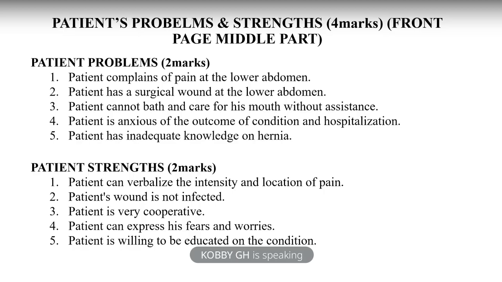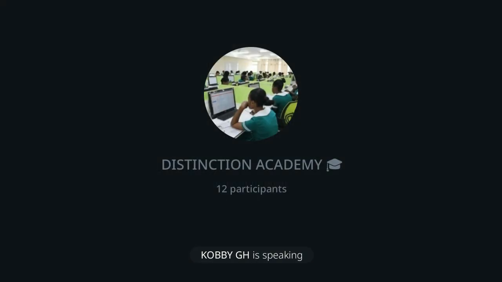But maybe you are doing the care plan in the afternoon, let's say around 12. The patient has been bathed already in the morning. That one, you can't write patient has not bathed. You write patient cannot bath without assistance. You are seeing that the patient has been cleaned, but the problem is that during the time of cleaning, the patient could not bath without assistance. However the case is, patient cannot bath without assistance works for all situations.